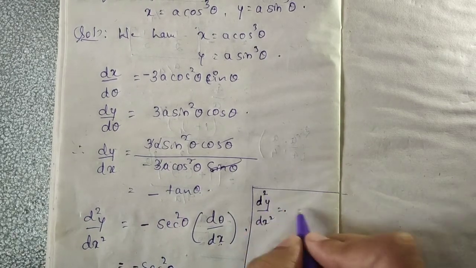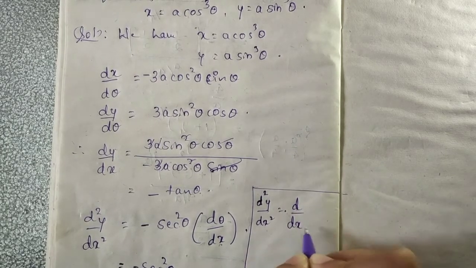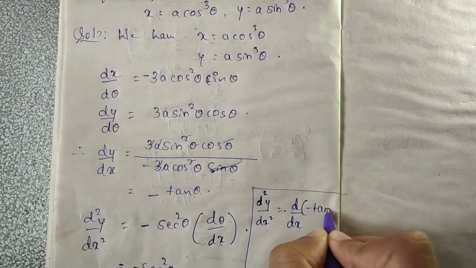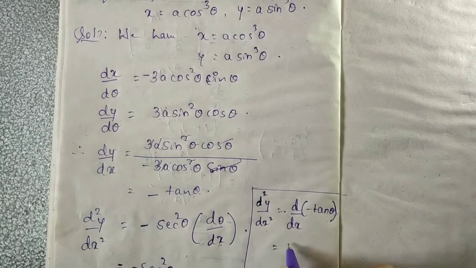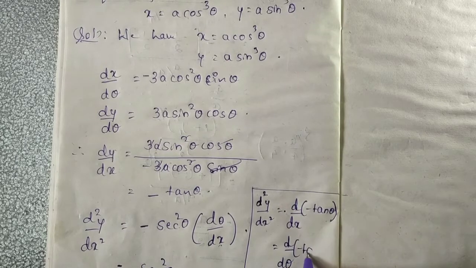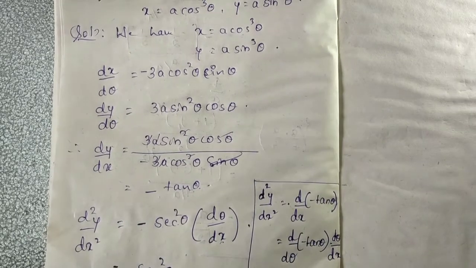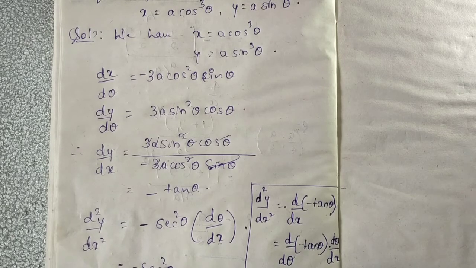So d by dx of minus tan theta we have according to this. So it can be written as d by d theta of minus tan theta into d theta by dx. Am I clear? So now d by d theta of minus tan theta is secant square theta.